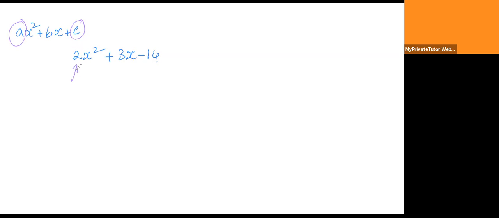So 2 times minus 14. What is 2 times minus 14? It is minus 28. Then we need to find the factors of 28. Please find the factors, guys.